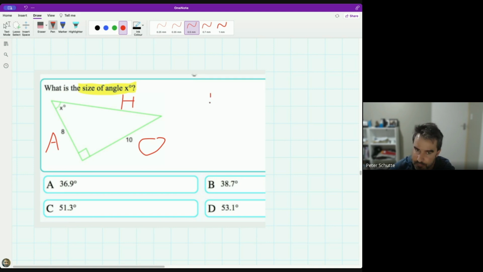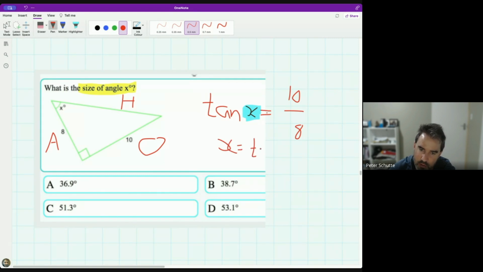Then I ask myself, what trig ratio involves O and A? It's tan. So I go, the tan of X is equal to O over A, which is 10 over 8. But in order to get the X by itself, I have to apply inverse tan here, which then unlocks the X. But then I have to apply inverse tan to the 10 over 8.